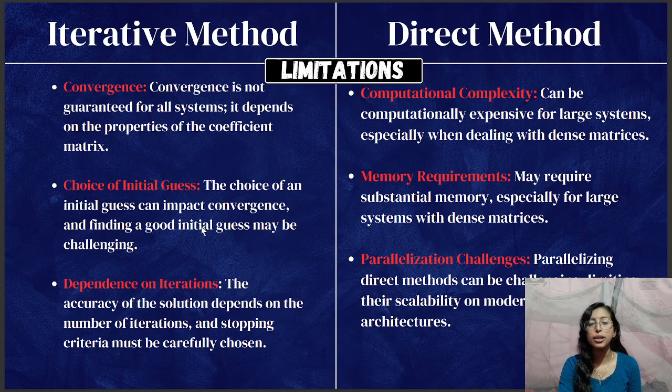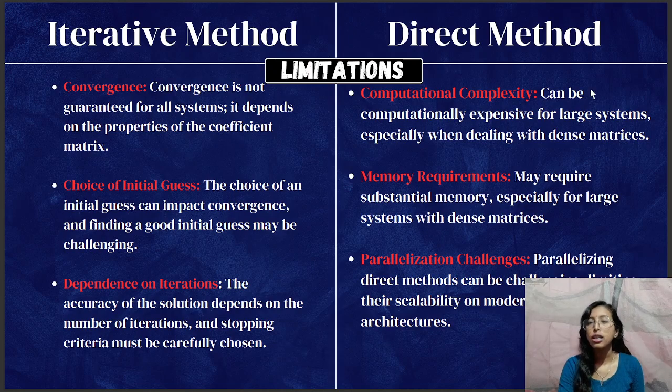Dependence on iteration. The accuracy of the solution depends on the number of iterations and stopping criteria must be carefully chosen. Now, in the direct method, there are 3 points: computational complexity, memory requirements, parallelization challenges.